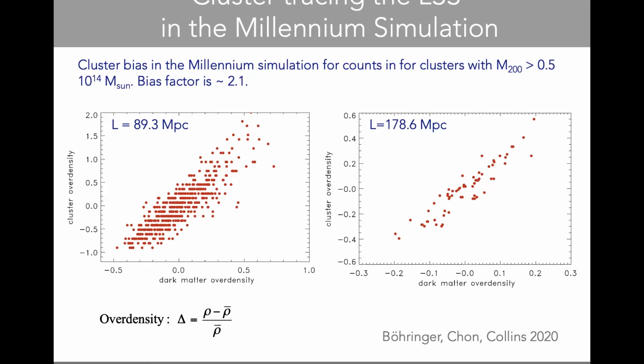If we take the smaller boxes, we have Poisson noise because we don't have too many galaxy clusters. If the boxes become larger, the scatter becomes less, and it is characterizable quite well by Poisson noise. So we are very well set to trace large-scale structure, and we have an idea about the uncertainty with which we can do it.